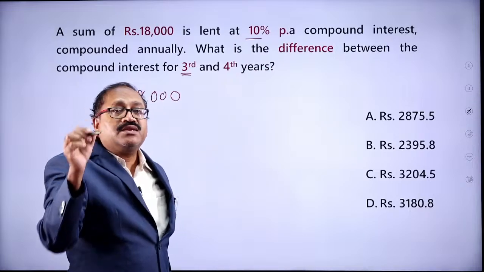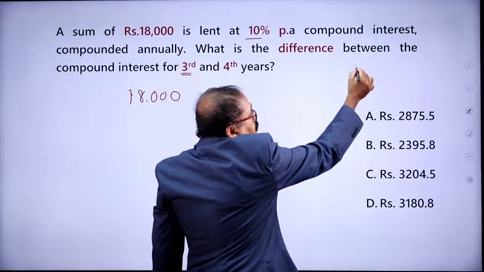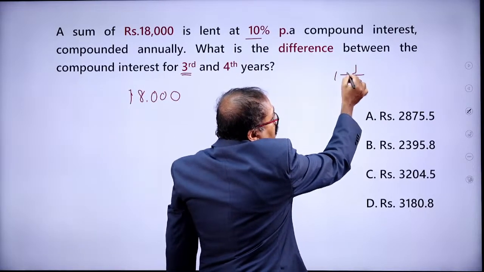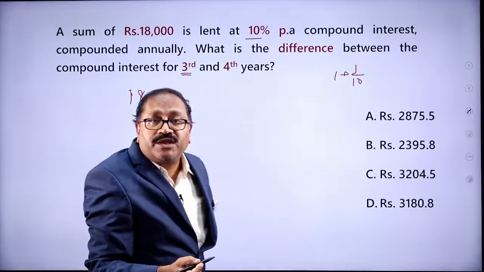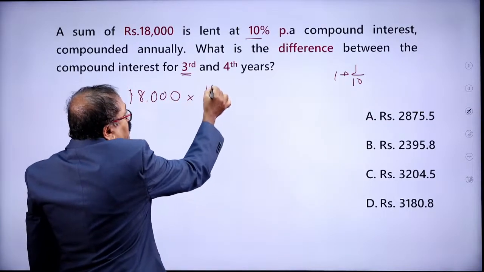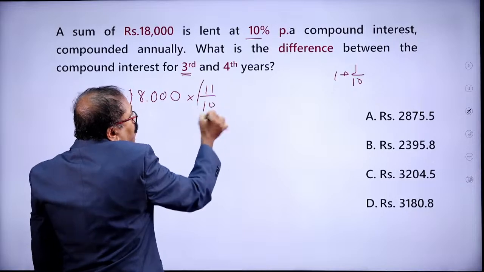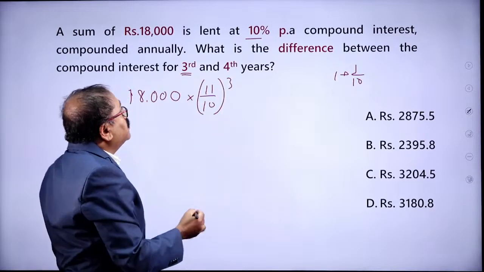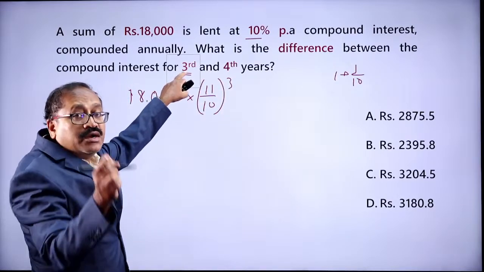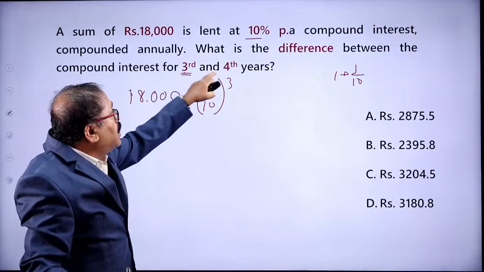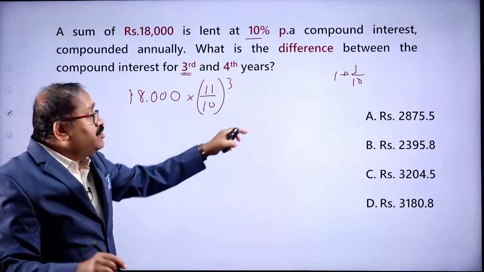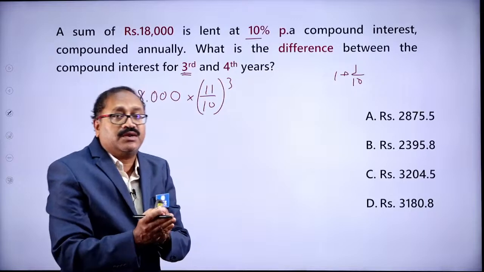So 10 by 100 is 1 by 10, and 1 plus 1 by 10 is 11 by 10, to the whole power 3. I got the third year amount. On that, I will calculate the 10%, which will be the difference between third year and fourth year.